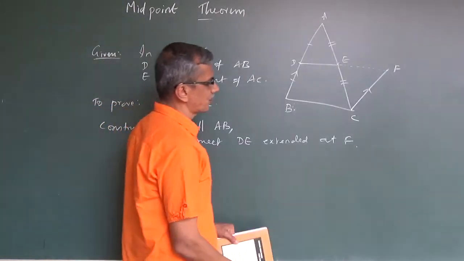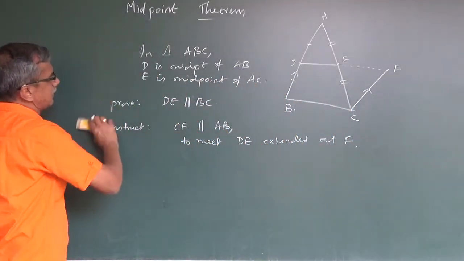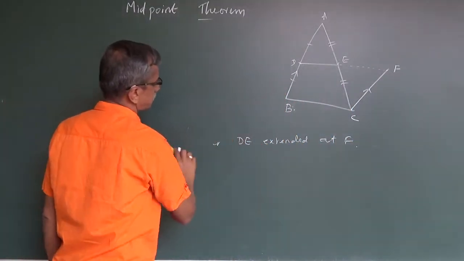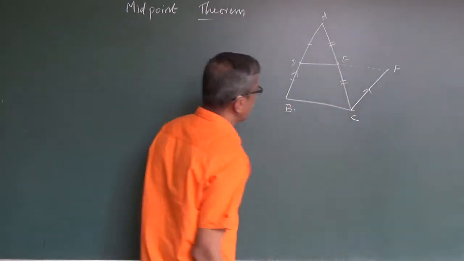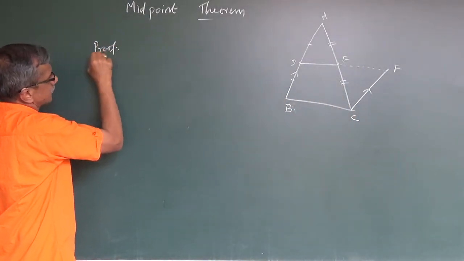Now what is the proof? I am going to erase this part and then write the proof. Proof: first we have to prove that the two triangles are congruent.